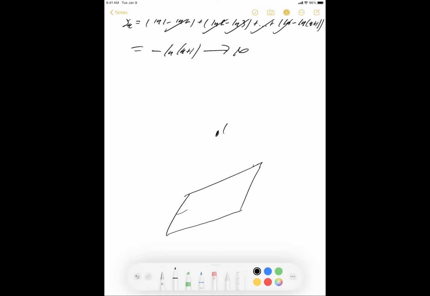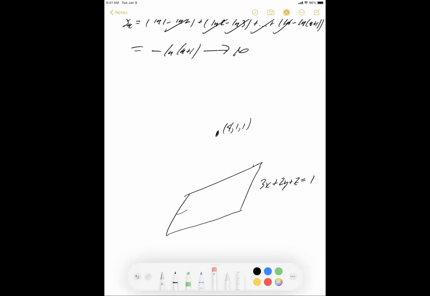We have the point 4, 1, 1. And this is the plane 3x plus 2y plus z equals 1.